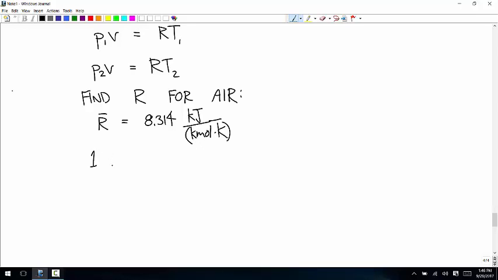So 1 kilomole of air, you can just look this up online, has a mass of 29 kilograms. That's because 1 mole of air has a mass of 29 grams.